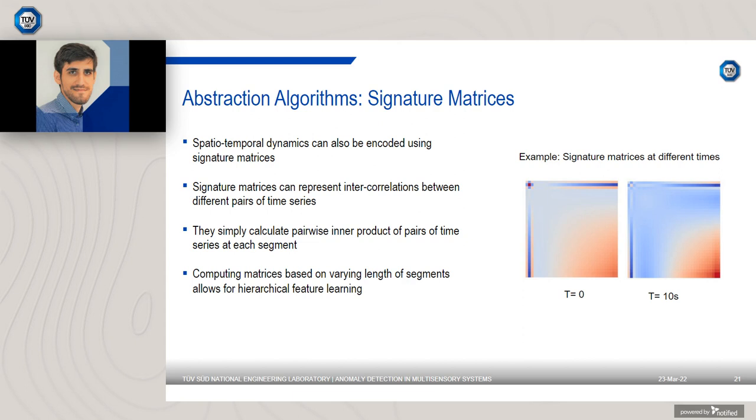When we look at the same spatial information but at a different time, at time 10, we see there is a correlation, but there is also a change and shift in the values of the data. So this is how signature matrices can abstract and show us what's happening in the system, whether in the spatial domain or the temporal domain.